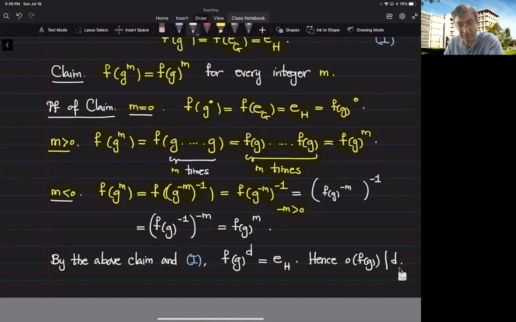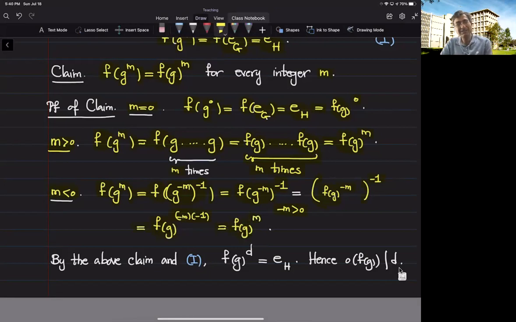Because negative m is a positive integer, I can pull it out of f. Okay, now I'm raising this element to power negative 1, and that means it is negative m times negative 1, which is the desired number that we were dealing with. This is f of g raised to power m, as we claimed.